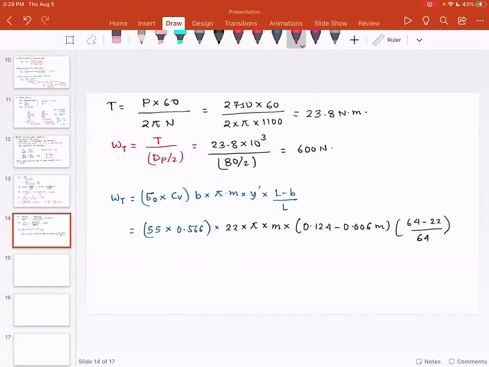On the left hand side, you're going to have 600 newtons. You can solve this equation, again by trial and error, and your module would be 5 millimeters. So at this point, gear design is done.